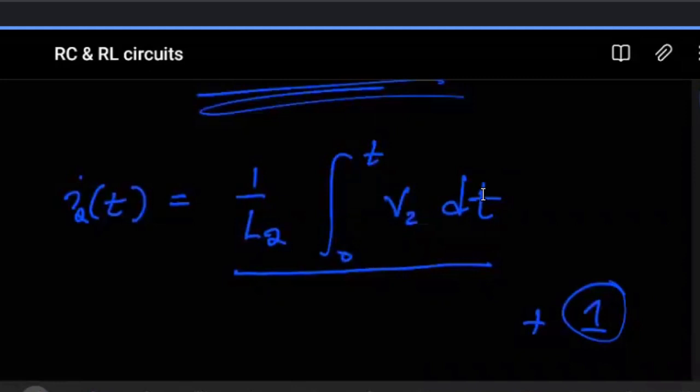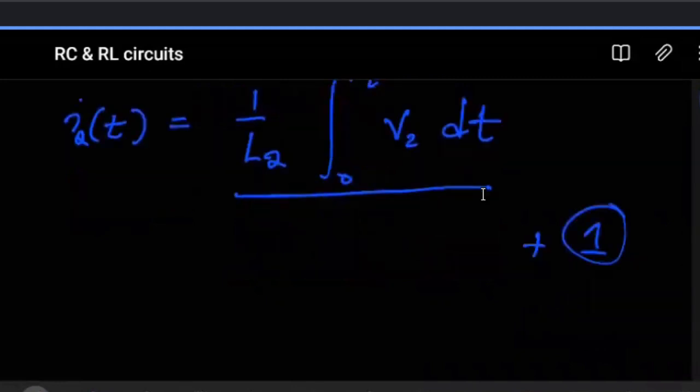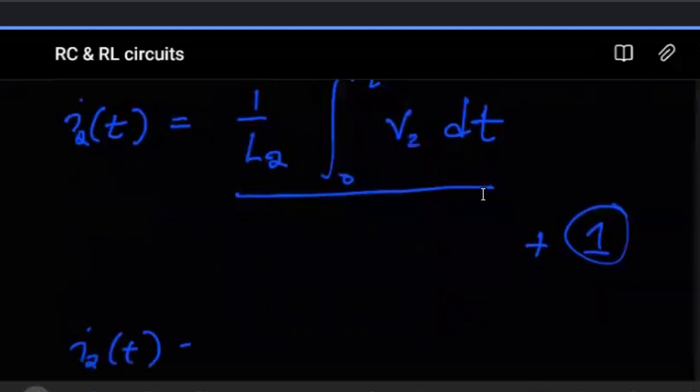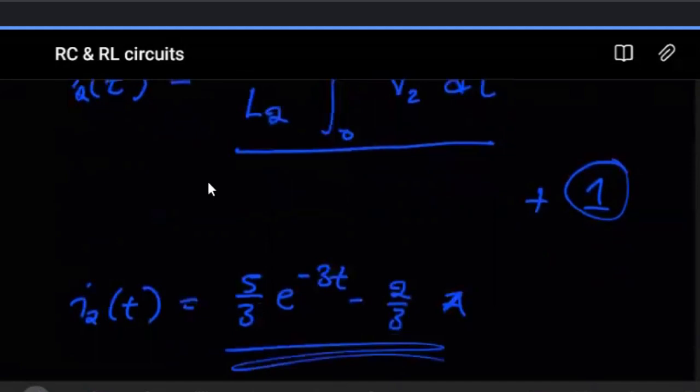So try to see if you can work it out and find I2. I think I found 5.5 over 3 e to the minus 3t minus 2 over 3 amps. So see if you can find this one like that. Is that okay?